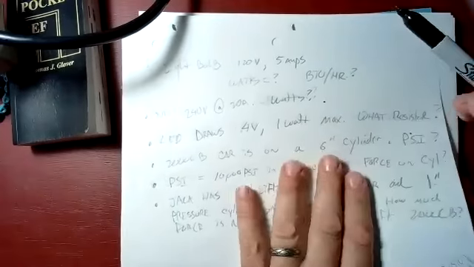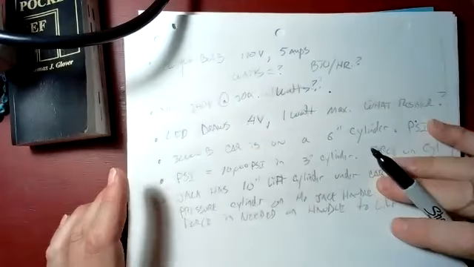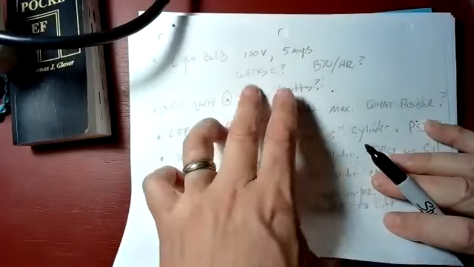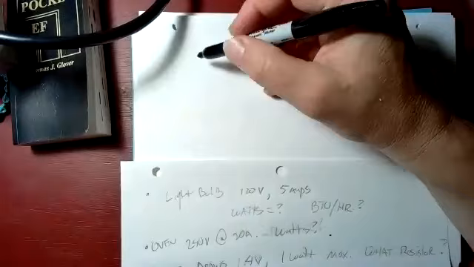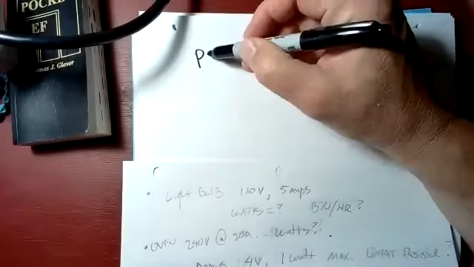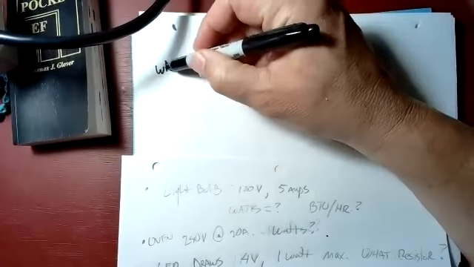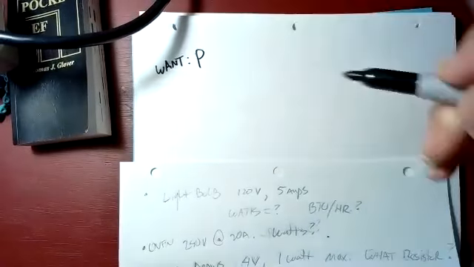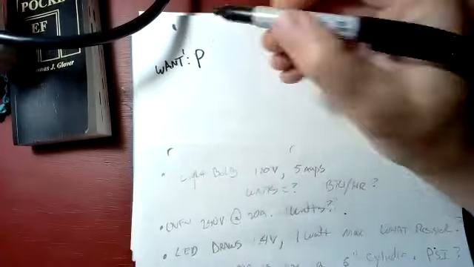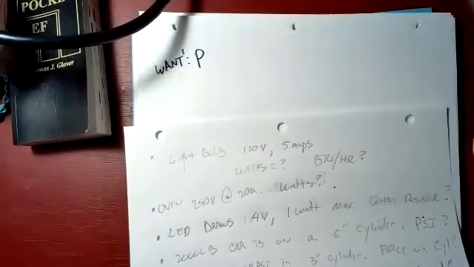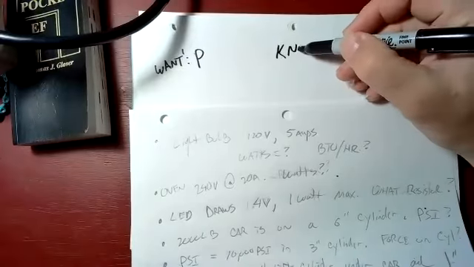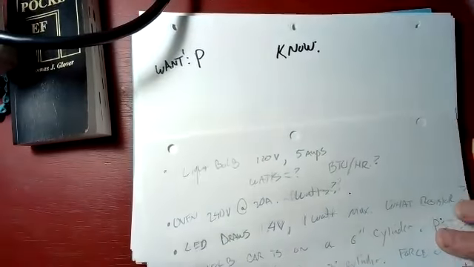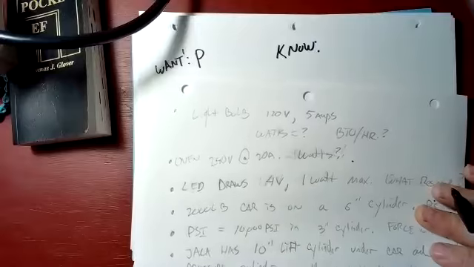All right. So we already heard from Robert that watts is power. So we want to know power, right? So this is the first question, we want power. What do we know?